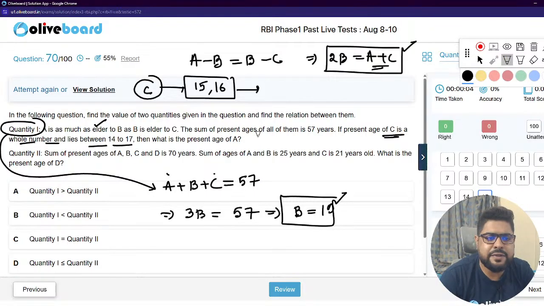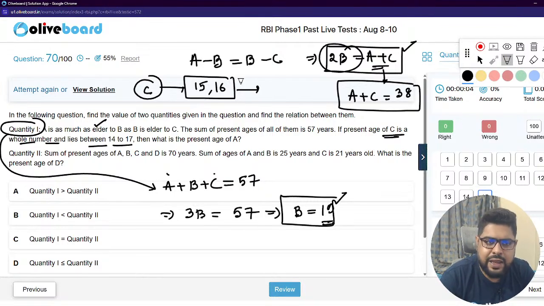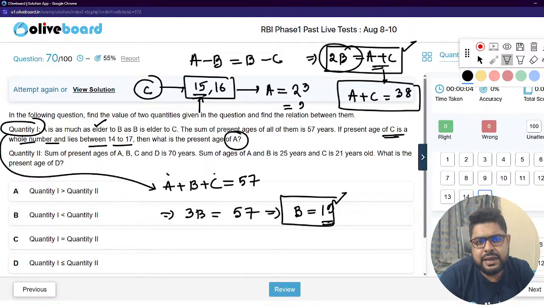So A plus C will be 2B, sir. 2B means 38, because B is 19. Present age of A: if C is 15, then A will be 38 minus 15, that is 23. And if C is 16, then it will be 22.